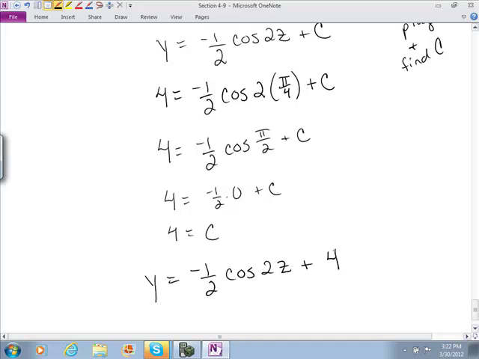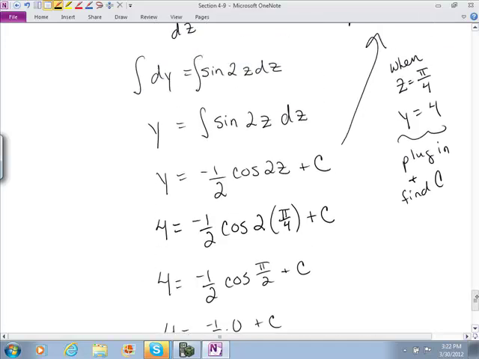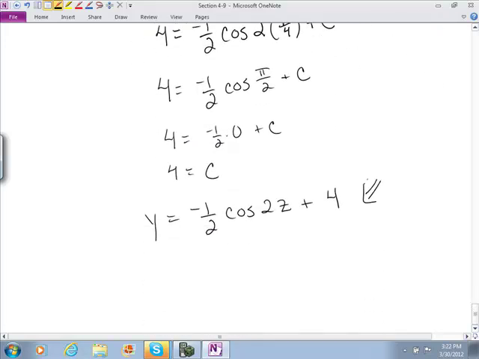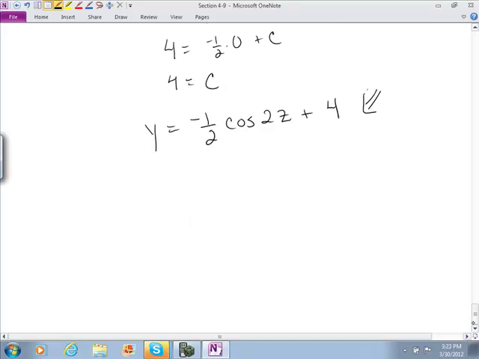So this function that you found will have a derivative of the sine 2z, but it also meets the requirement that when you plug in pi over 4, you do get, in fact, 4. So that's just an example of what we call an initial condition for a differential equation.